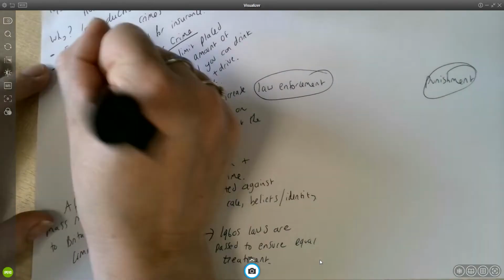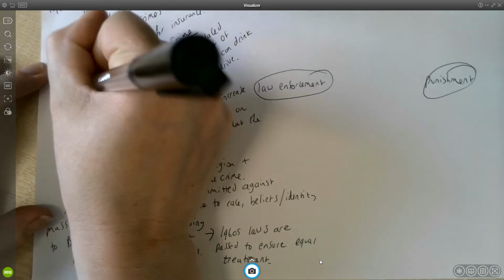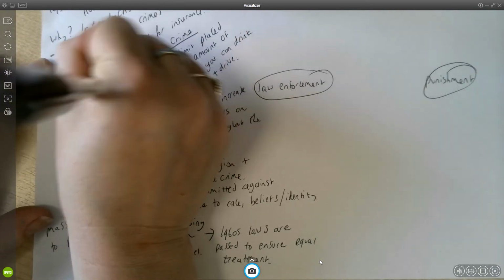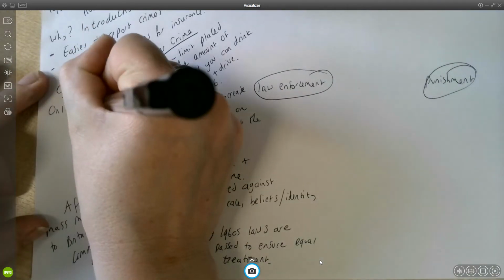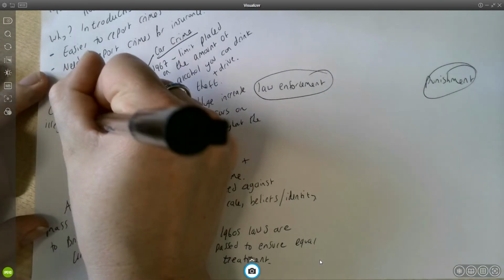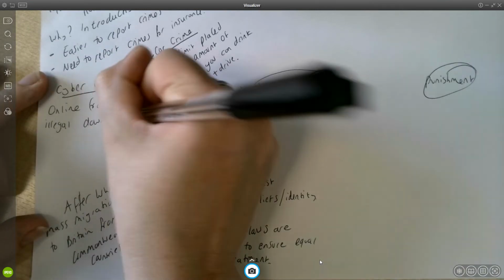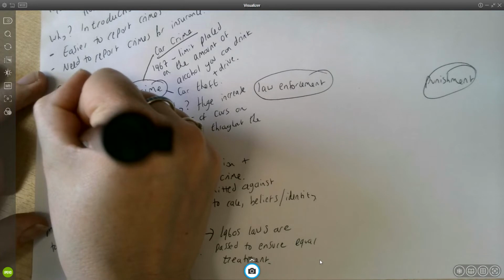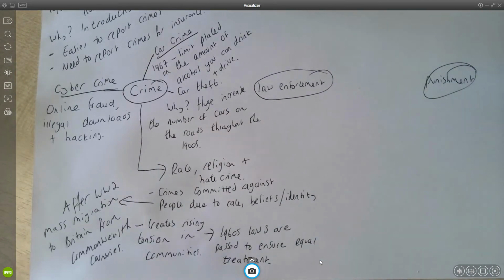Another new crime at this time we've got is cybercrime. For example, online fraud, illegal downloads, and hacking. Now, I have seen some people write about cyberbullying, but as this topic goes up to around about the year 2000, cyberbullying happens much later than that, with the advent of social media.